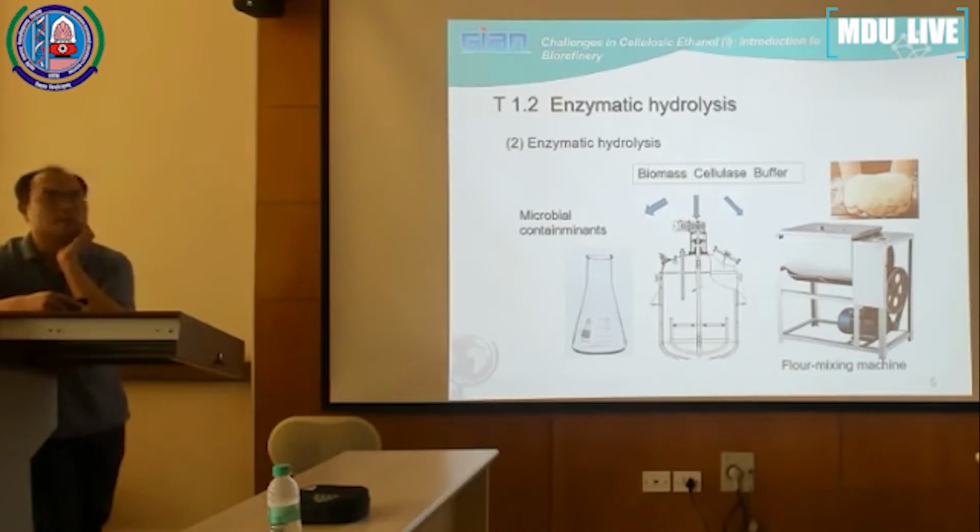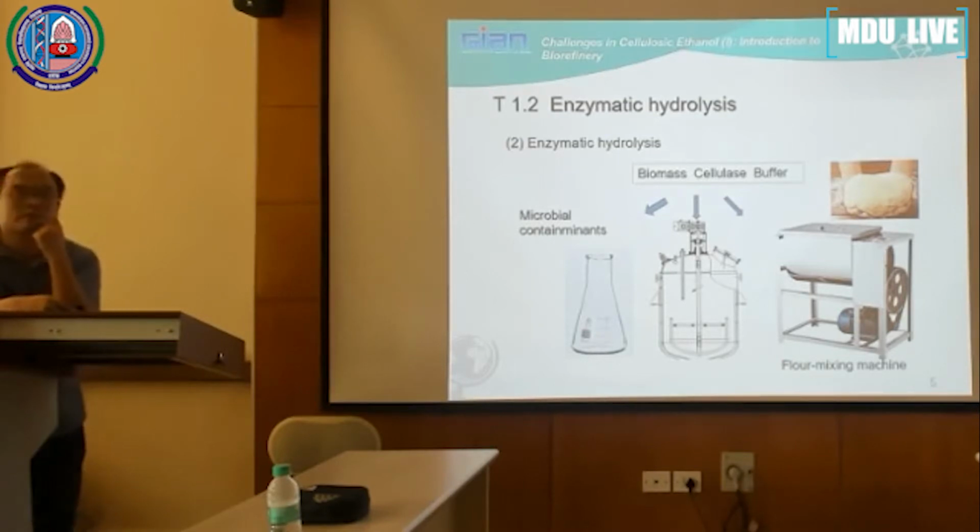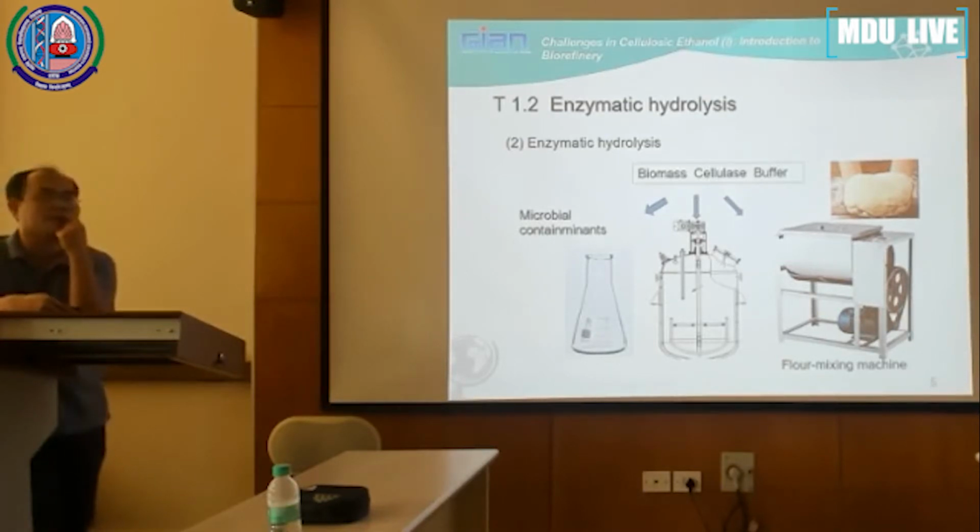As we prepare the biomass and the cellulase, we also need to prepare buffer. Buffer is very simple. Then we put them into a hydrolysis container. In the lab, we use the flask. Flask is simple and very good for research. We also use a blank tank. But for high solid consistency, I would like to use this machine.